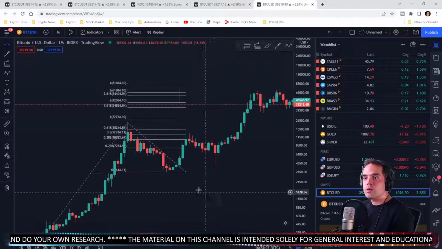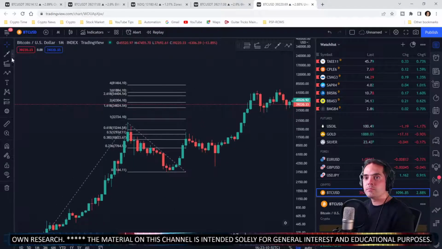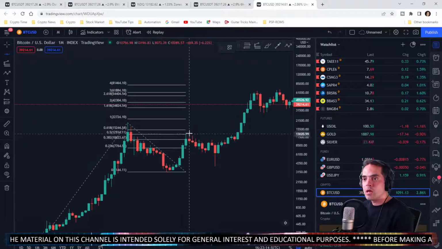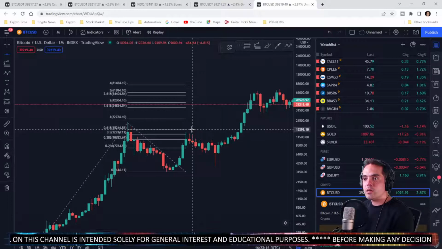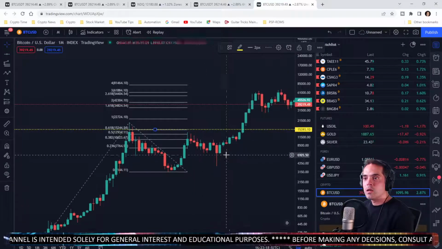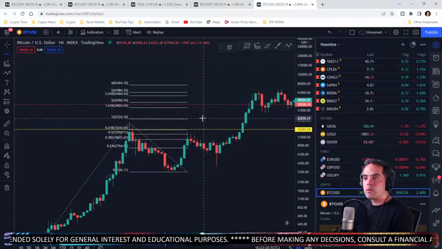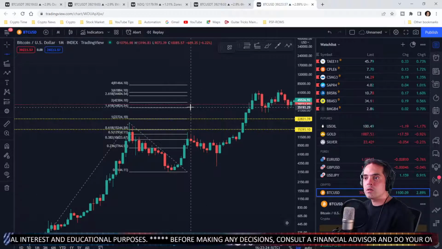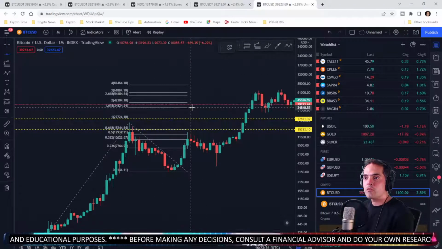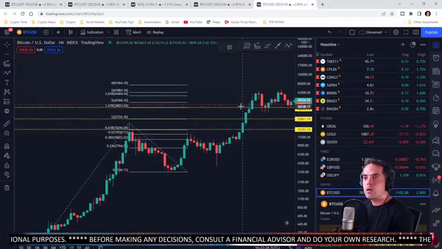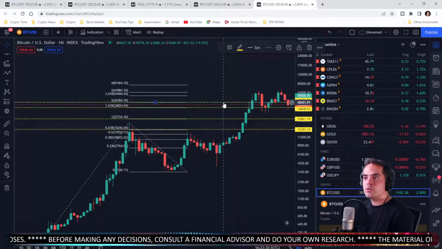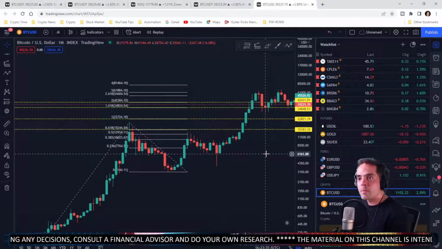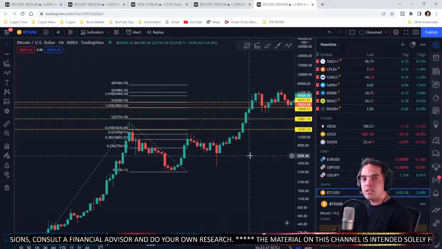If I draw horizontal lines here to highlight the zones, I can go to 0.618, to the 1, which is a very important zone for the long term, 1.6 and 2. So I would mark those four, to be on the safe side.